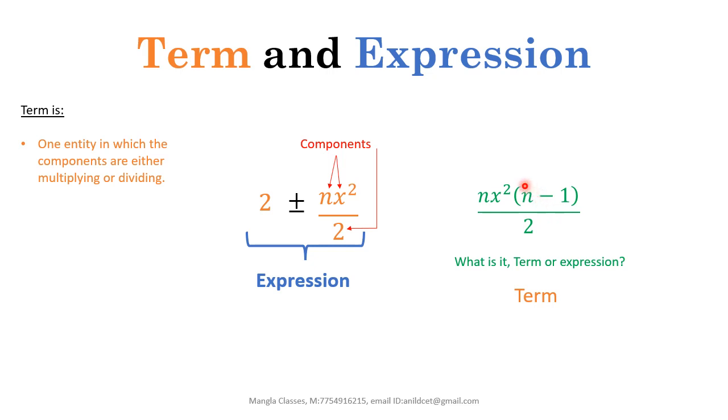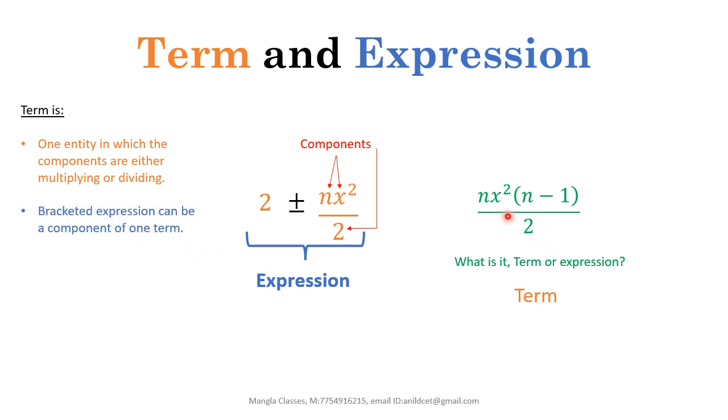Yes, it is an expression, but only this much part, n minus 1. When it is bracketed, then it becomes a term, a separate entity, and this one entity is being multiplied with other entities, so they are basically components of a term.